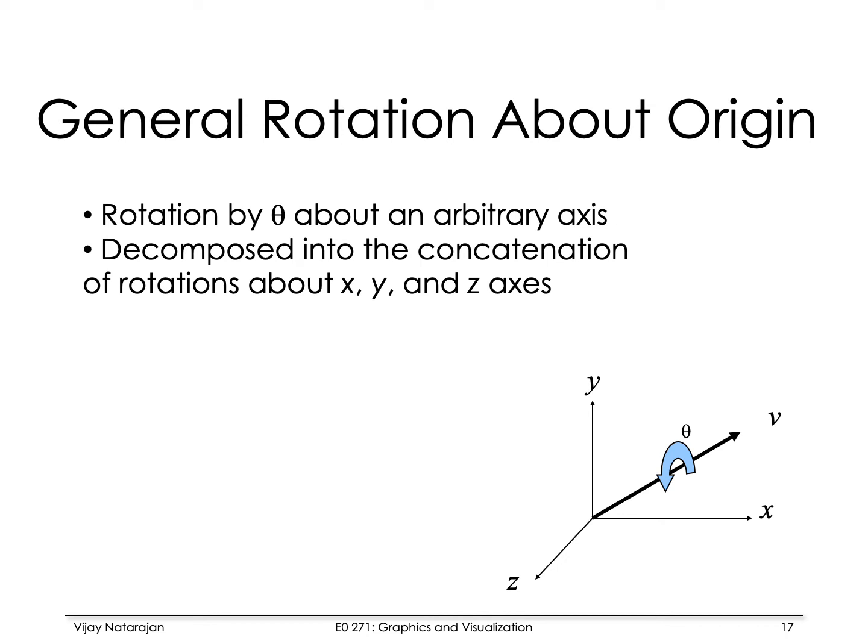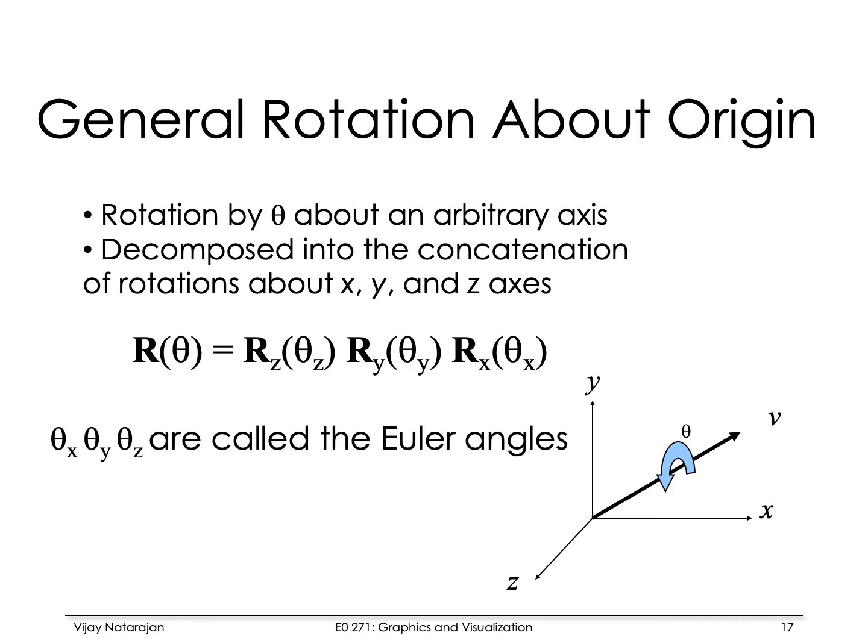The first step, which was employed in early days, is to think of this rotation R by an angle theta as a combination of three different rotations about the three axes x, y, z. These three angles, theta sub z, theta sub y, and theta sub x, are called the Euler angles.